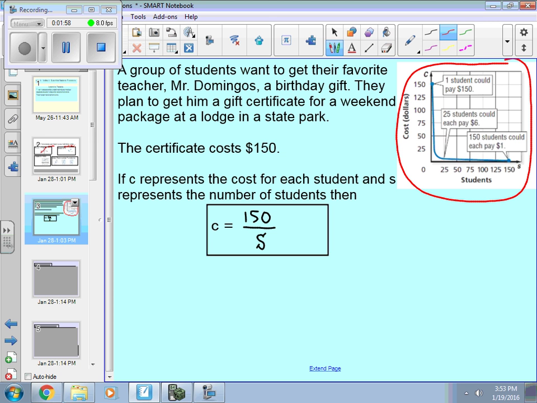The cost for 0 students, we would not be able to do, since you can't put 0 students in here and pay for it. That's why you see this graph keep going up and increasing forever. So that is not possible.